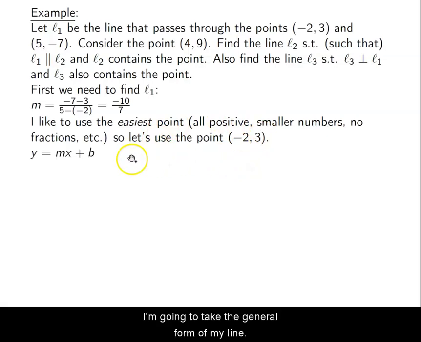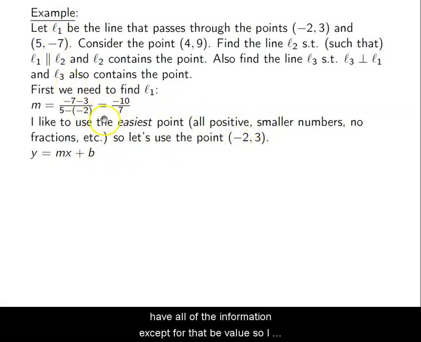I'm going to take the general form of my line and plug in all of my stuff. I have an M, so M will be replaced with -10/7. I have an x, it's -2, and I have a y, which is 3. Whatever M and B work for this line, if I plug in -2, I should get out 3.